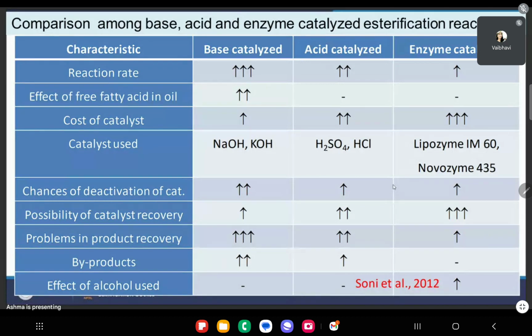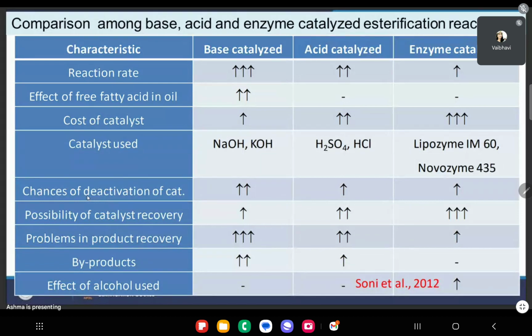Next, for base catalyst we use NaOH or KOH, and for acid catalyst we use sulfuric acid or hydrochloric acid. For enzyme catalyst, we use Lipozyme IM60 or Novozym 435. Next is the chance of deactivation of catalyst. Base catalysts are very susceptible to deactivation, followed by acid catalyst and enzyme catalyst.